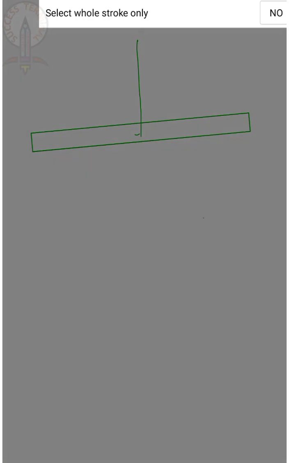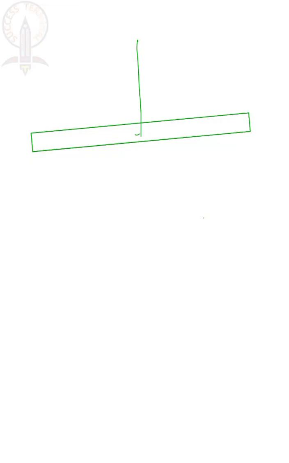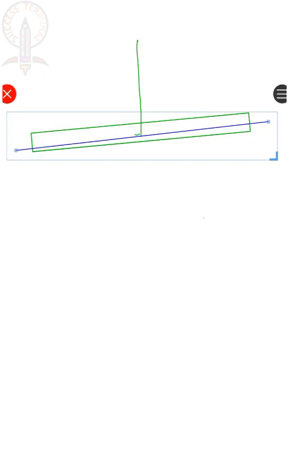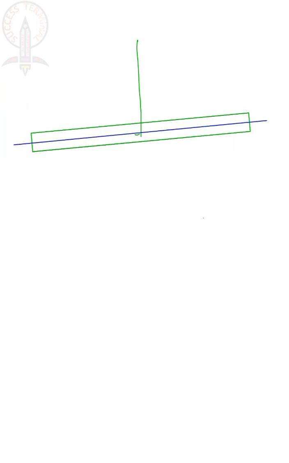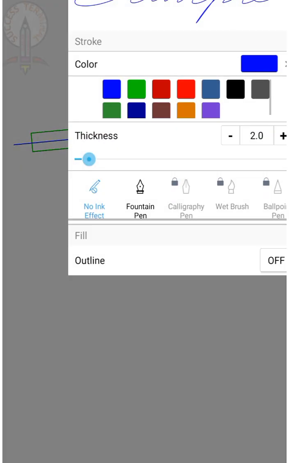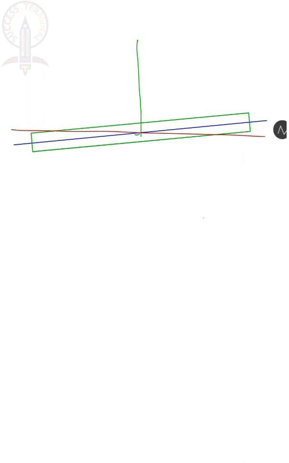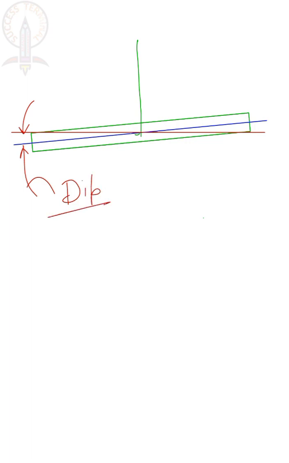Therefore, say this is the axis of the magnet and this is the horizontal line. Clear? This angle is dip. Clear? This is the dip.